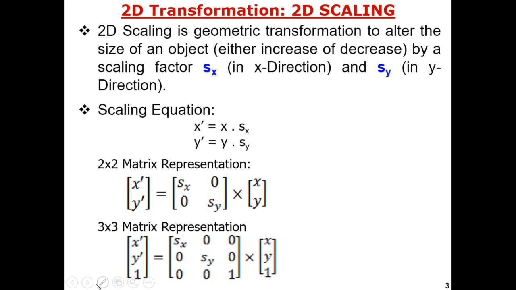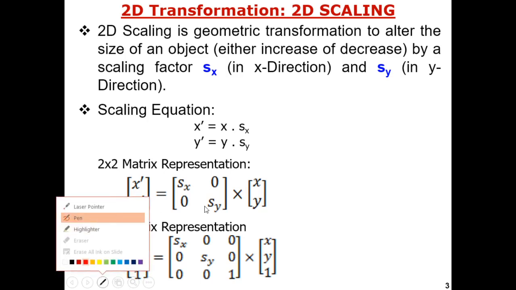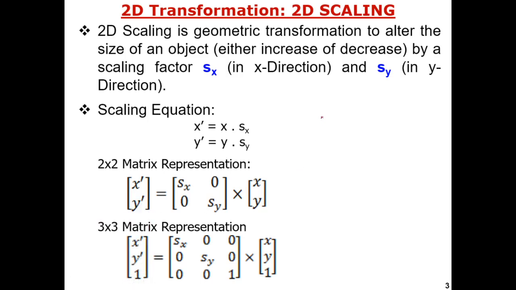To understand how scaling is represented, the important thing is that scaling is done by multiplication. Scaling is always done by multiplying the vertex values with the scaling factor, so x dash, the new position, is obtained using this multiplication approach.